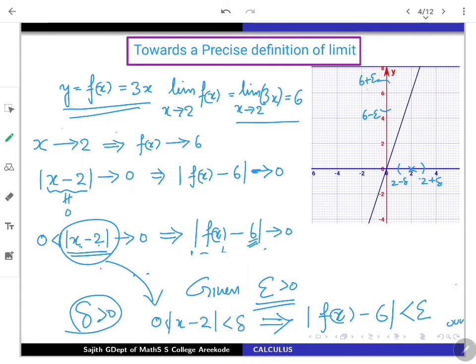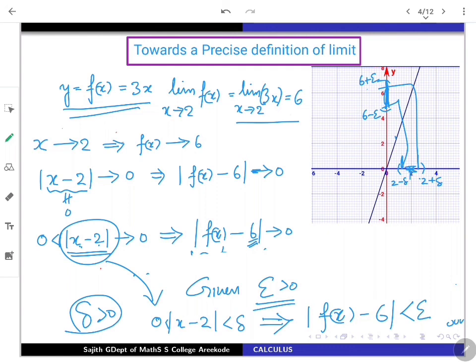So the precise way of defining the limit is nothing other than that: given this distance, you are trying to find a delta level, a nearness level here, which pushes our functional evaluation inside that epsilon neighborhood. It is 6 centered and epsilon up and down at the y level, while here it is left and right at the delta level. That's all, your prescription data.